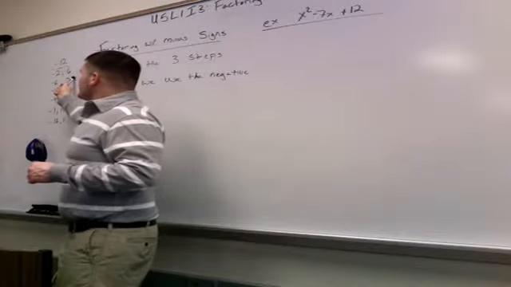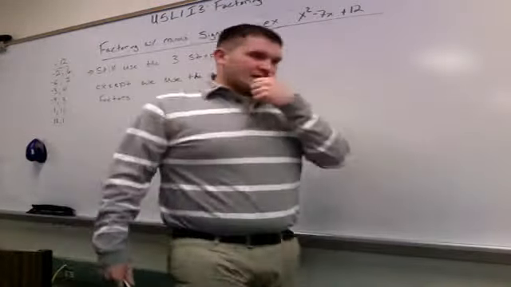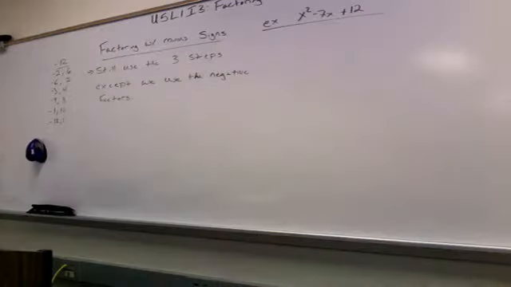Yes. -2, 6 and -6, 2 are 2 different factors. So if I have a negative number, one factor is positive, the other factor is negative. That's important to remember when we're talking about factoring with minus signs.